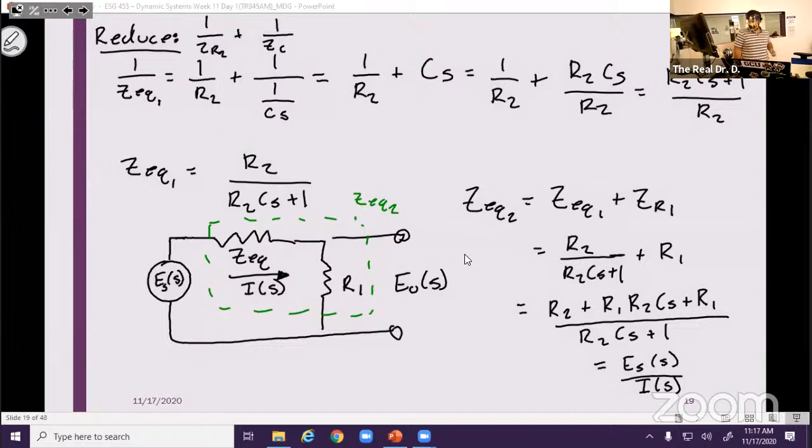So how are we going to get this? Well, we need some way of relating that current back to the output voltage. If only we had a way of doing that.